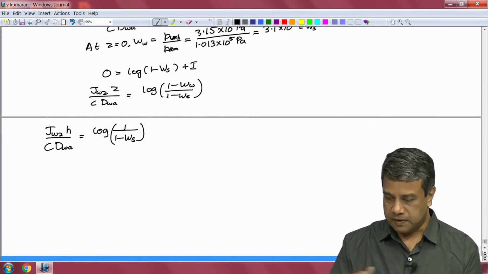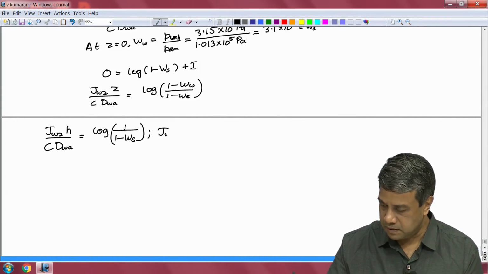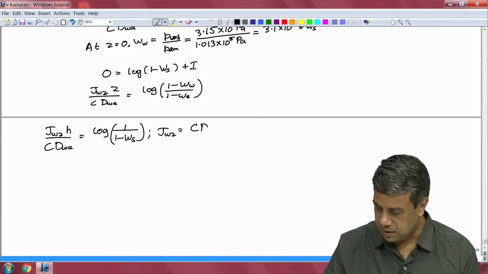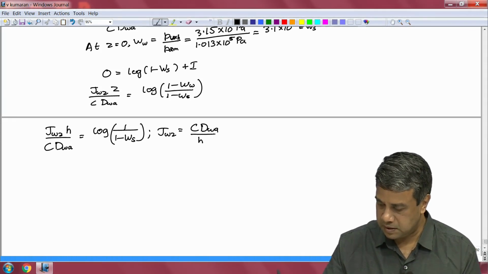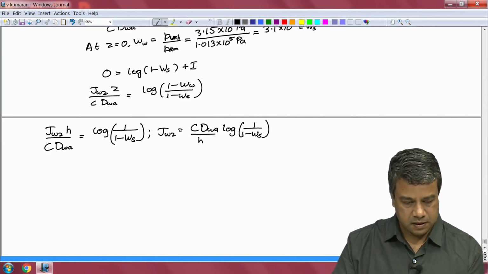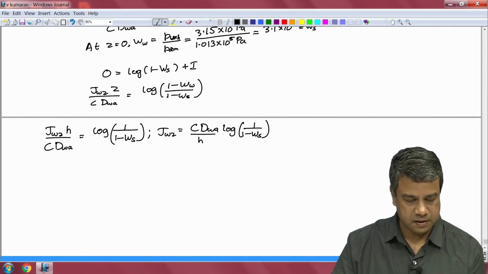And from this I can get the water flux, which is C dWA by H log of 1 by 1 minus Ws. So, that is the flux of water.